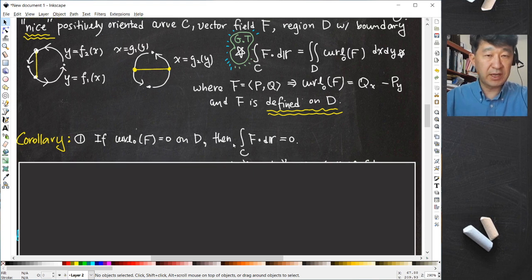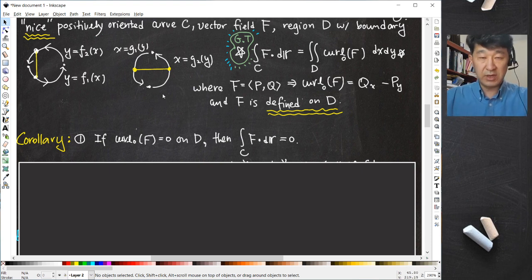All right, this is already the part that I was talking about. If it happens that for the vector field you compute Qx minus Py, which I'm going to call the scalar curl, and your scalar curl is 0 on the entire region inside, because it's extended and defined, then the line integral is supposed to be 0.